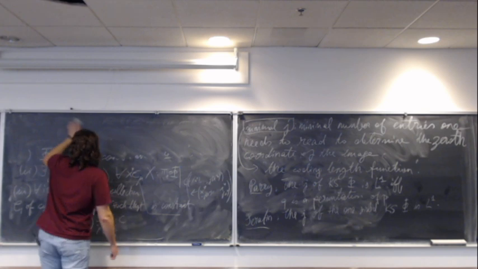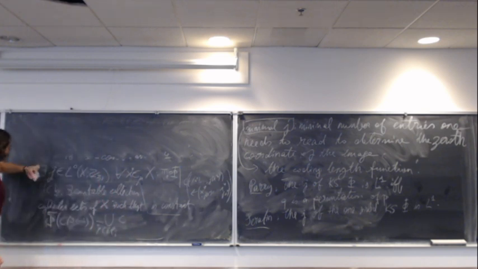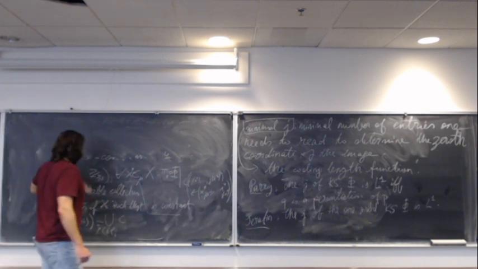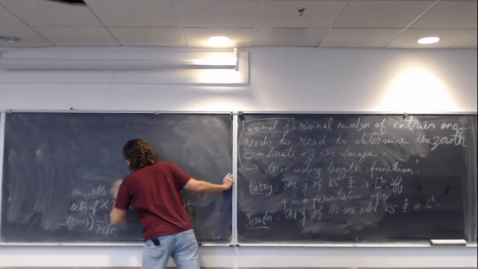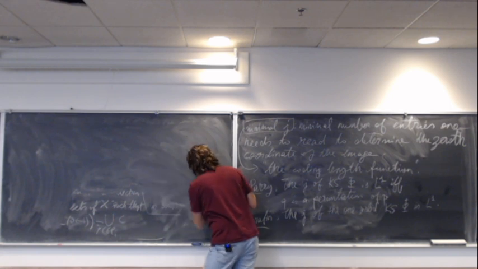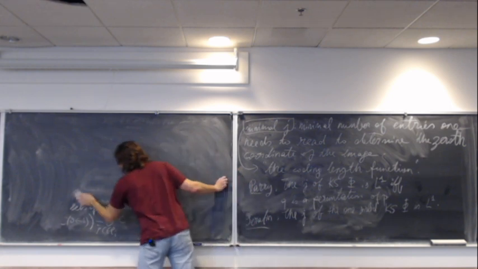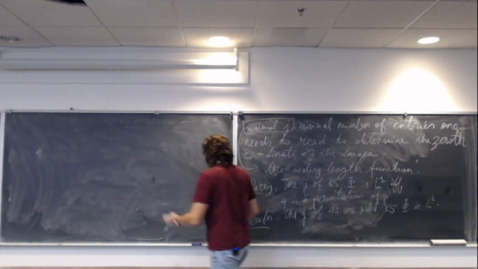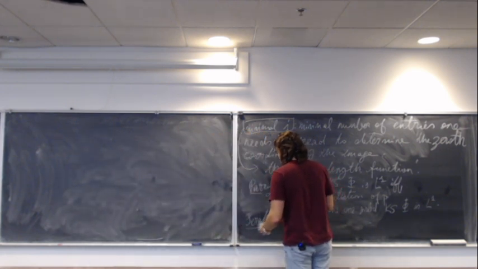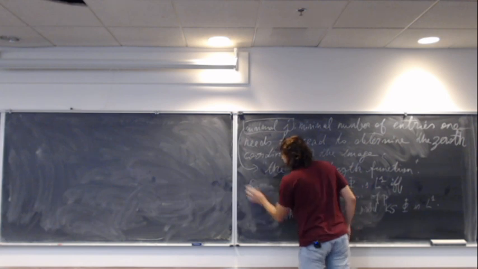So now I'm going to start talking about some other thing that we're going to need, some combinatorial stuff that sort of comes into play toward the end of the proof.